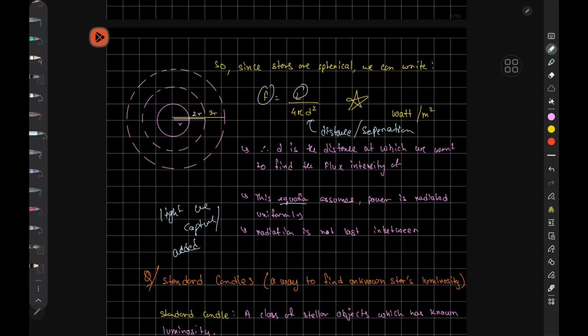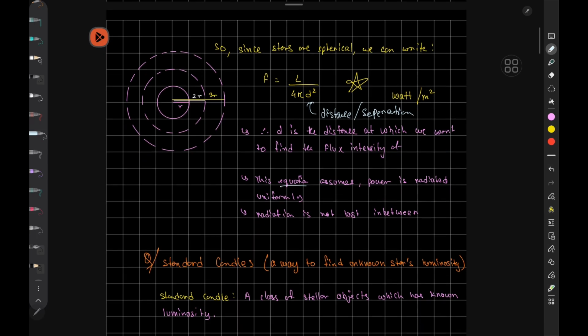There may be other light emitting sources in between, adding noise or excess information to what you're trying to observe. So it may be possible that you have added information in whatever you're collecting. But generally, it's mostly information that we lose.